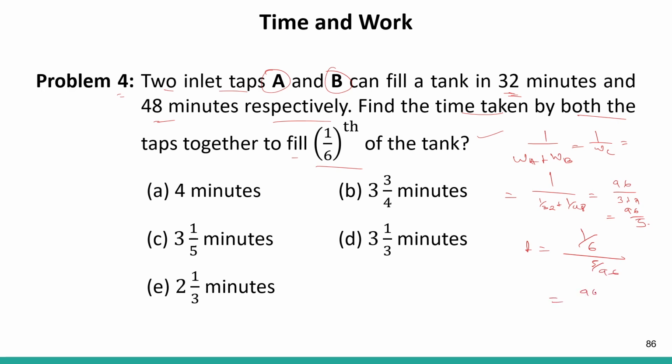So 96 by 6 into 5, so 96 by 6 is 16, and 16 by 5. So 5 into 3 is equal to 15, so 1 will be remaining. So the mixed number will be 3 whole and 1 by 5, right? So among all these 5 options, only option C is the correct one. Options A, B, D are all wrong ones.